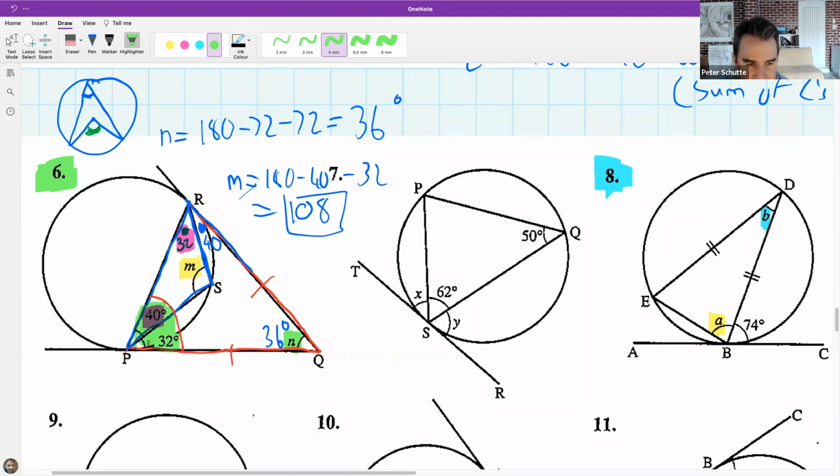Now, because of the red tangents from a common point, we know the two tangents are equal in length, which means that this angle over here will be the same as that one over there. But now you've got two lots of 72, and the only remaining thing in the triangle is the N down here. So how do you find it? You simply go, N is 180 minus 72 minus 72. That was my thinking.